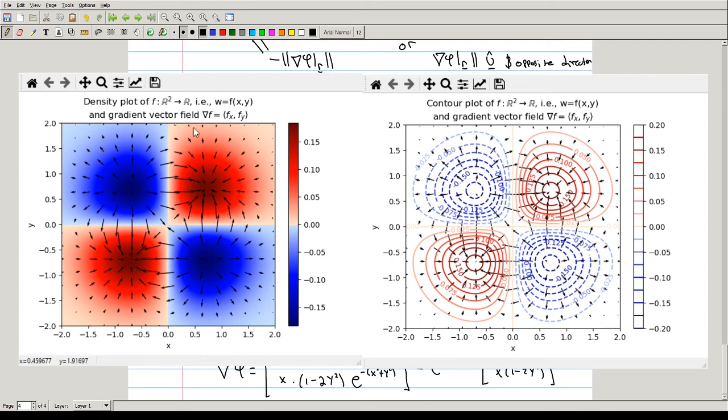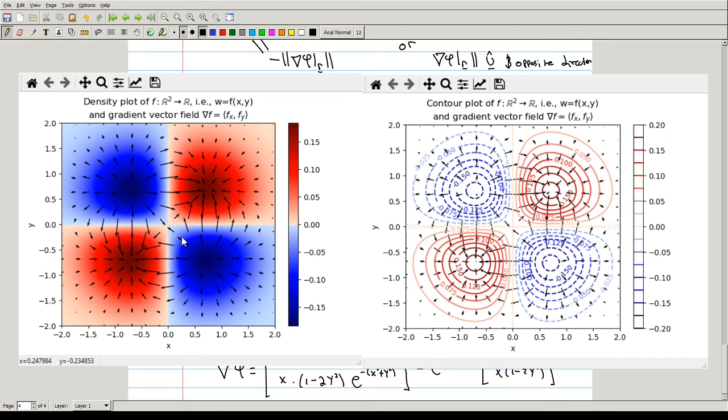And you see that the gradient vector at each one of these points, if you evaluate the gradient vector, it's pointing in the direction of fastest increase at each one of these points, and it's directly characterizing the behavior of this scalar function.